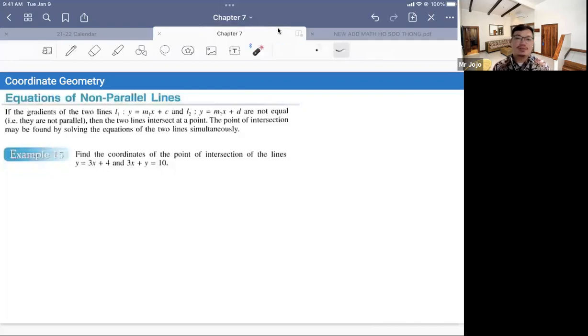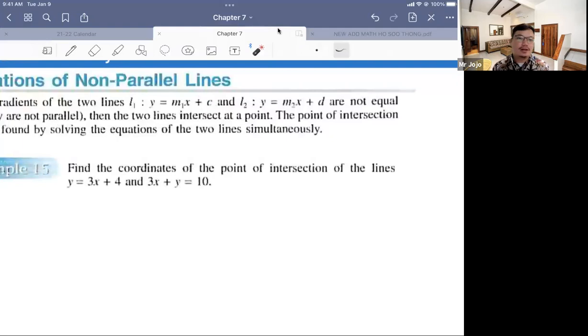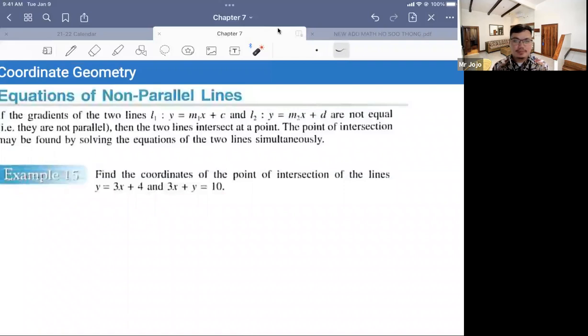These are simultaneous equations. So when you have two lines that are not parallel, you solve them by making them equal to each other, or by any simultaneous equation technique that you still remember.